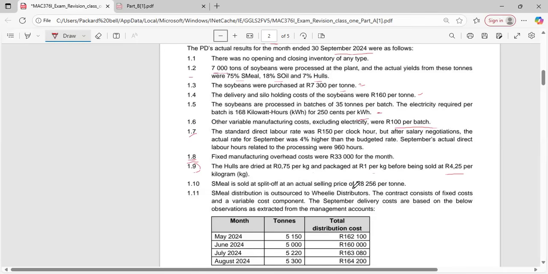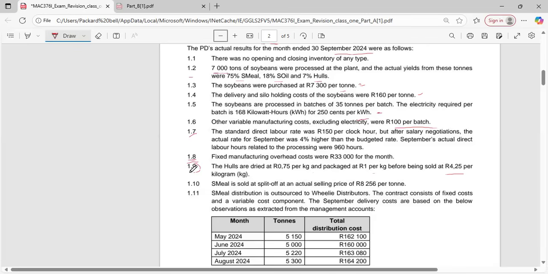I think we are going to use that one when we calculate the net realizable value of the hulls, and then we are going to deduct that from the joint cost. Yeah. So remember, if you go to our notes, they will tell you that the net realizable value of a byproduct is going to reduce the joint costs that are to be allocated to joint products.